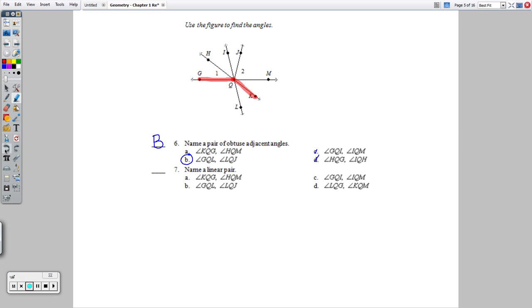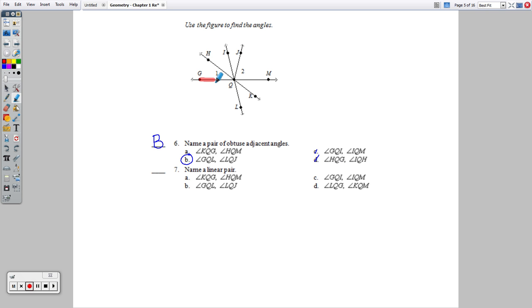No. How about GQL? Be that one, and LQJ. LQJ would be right here. So is that a linear pair? They're adjacent, but they're not a linear pair. So it looks like we have the same choices here as we had before, but clearly not that going to form a linear pair, not that pair.